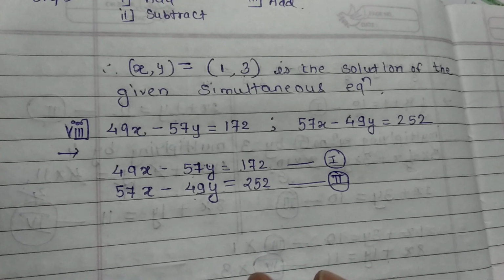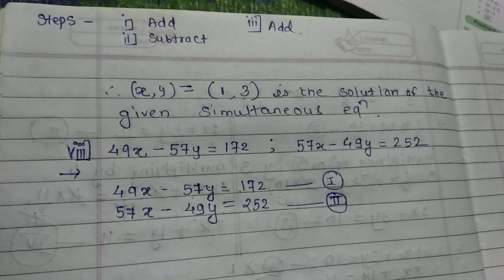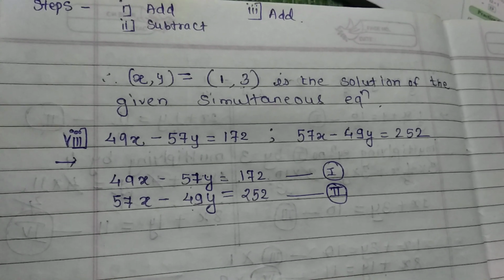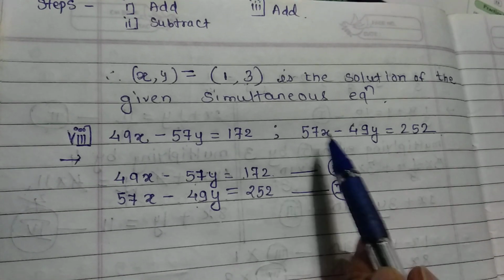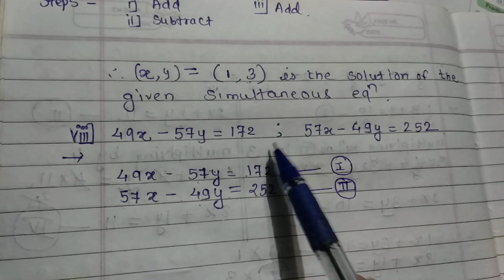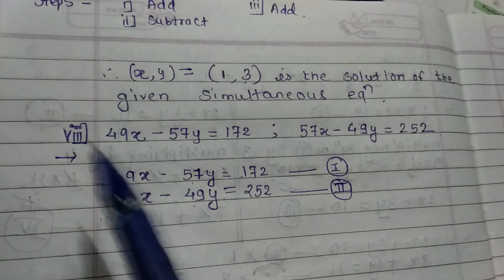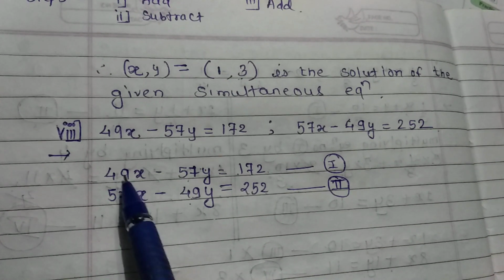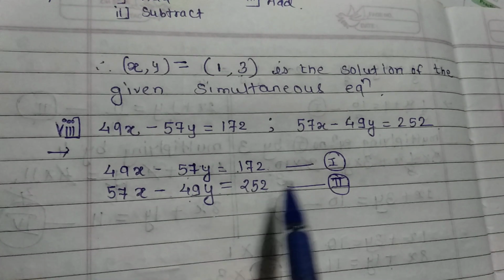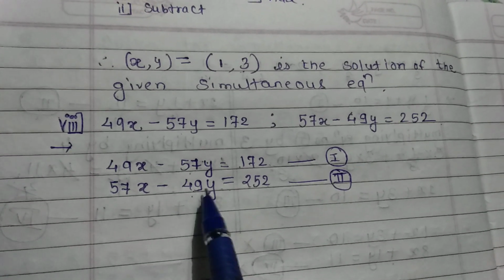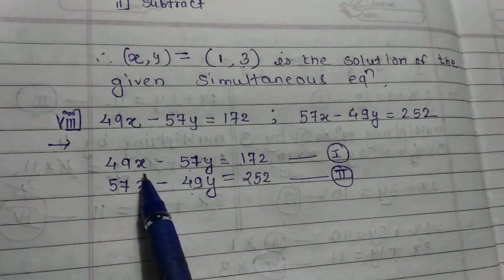It is also the simultaneous method, like the previous one, but there is a little difference. Why that difference? Because when you observe both the equations, in equation number 1 the first variable's coefficient, and in equation number 2 the second variable's coefficient, are the same.